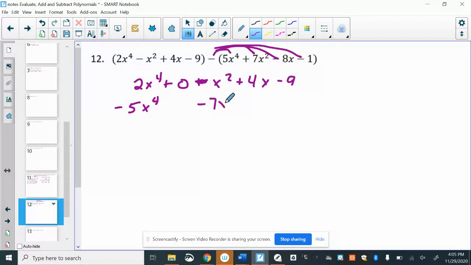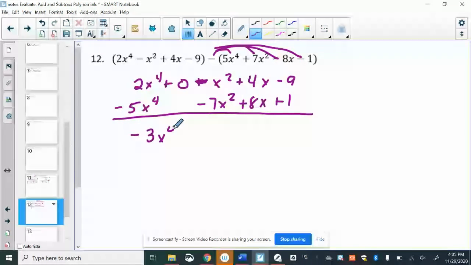Minus 7x squared plus 8x. It's essentially going to change all the signs. Plus 1. That's going to get us minus 3x to the fourth. Minus, let's see here, 8x squared plus 12x minus 8.